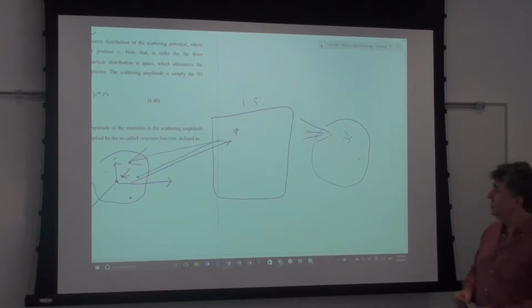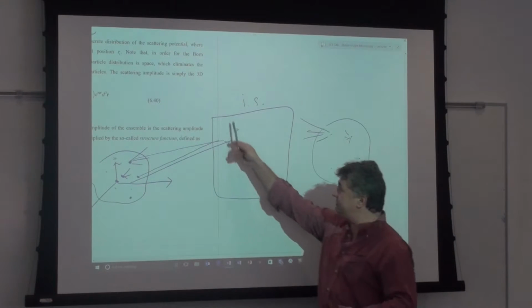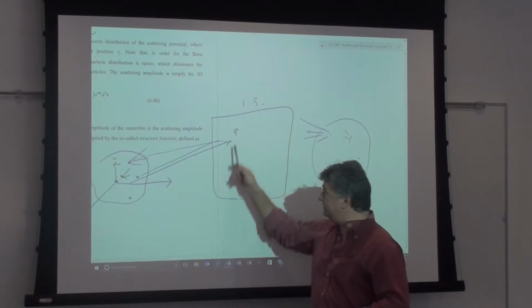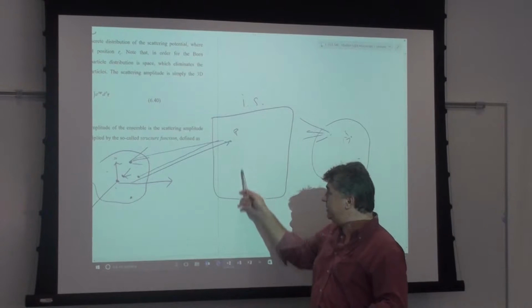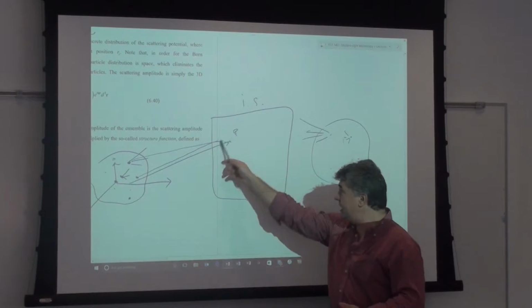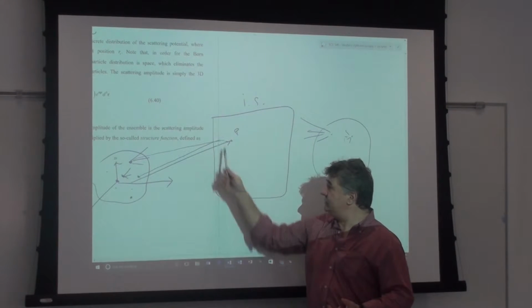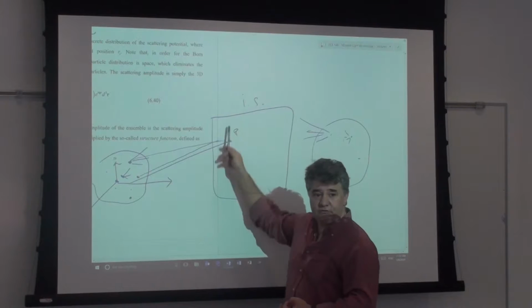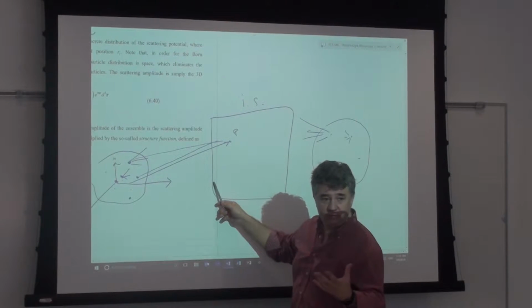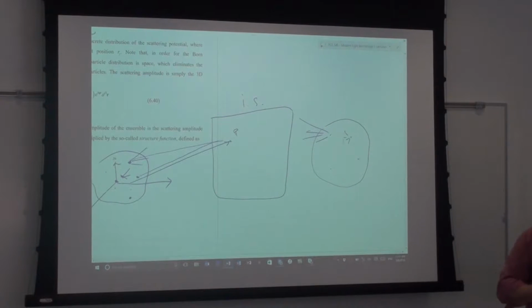The difference is actually not in the information. The information is the same. It's still this scattering field. The difference is I measure it here versus adding another thing that reverses it, and I measure here. But let's say if the frequency coverage is the same, if this is my angular coverage for the scatter system and this is my aperture for the microscope, the information is exactly the same. You're not missing anything.